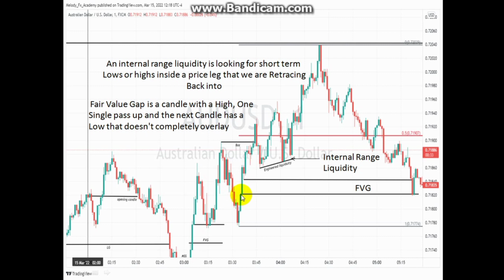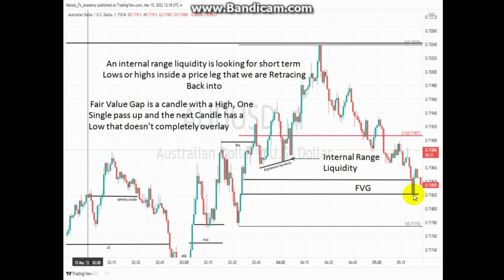So the next candle's low does not completely overlay the range, leaving a gap behind. So this is a fair value gap.